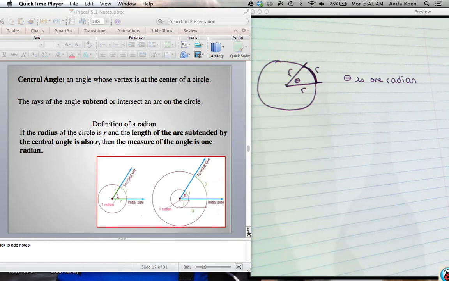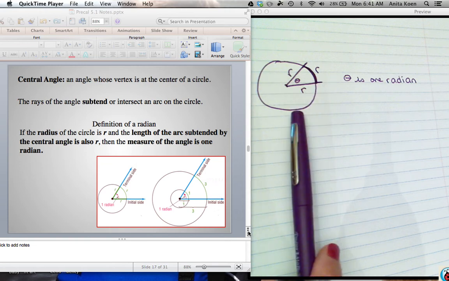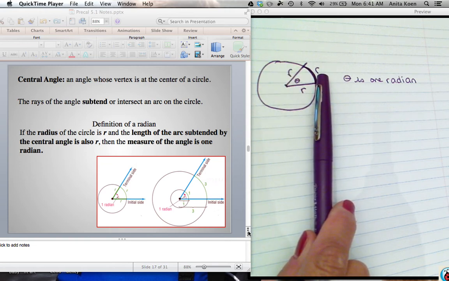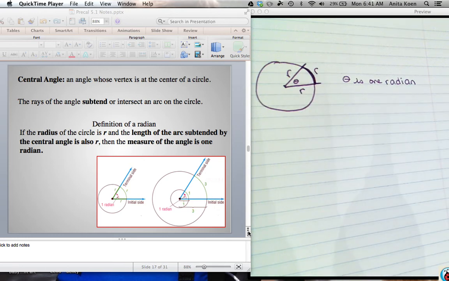In the circle on the left, it looks like my circle. The radius is r and the arc length is r, so theta is 1 radian. In the circle on the right, the smaller circle, the radius is 1. The arc that's subtended is also 1 unit long, so that angle is 1 radian.